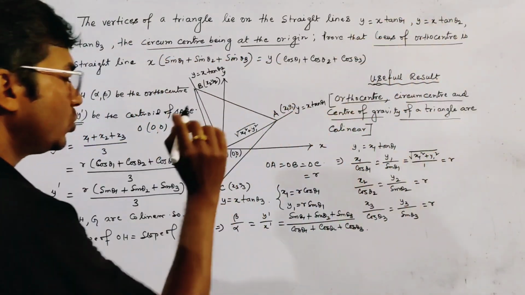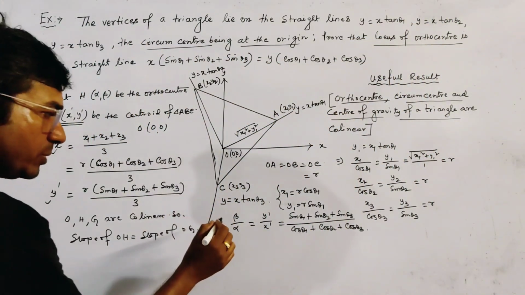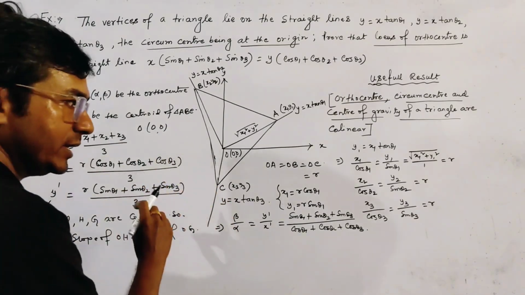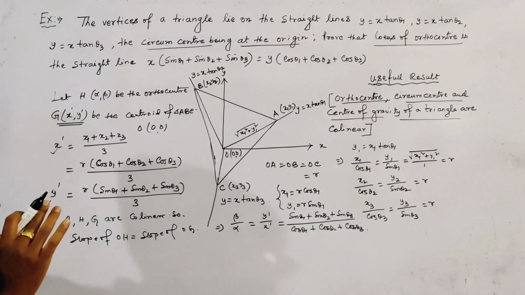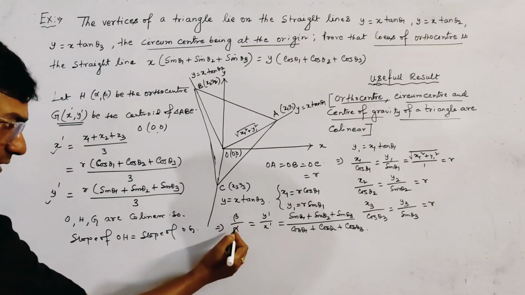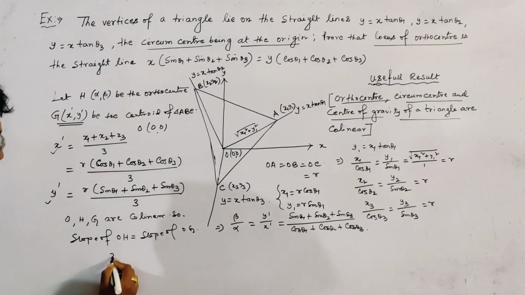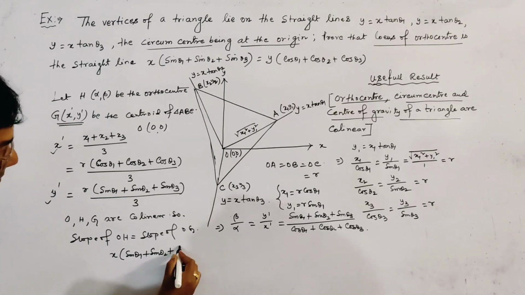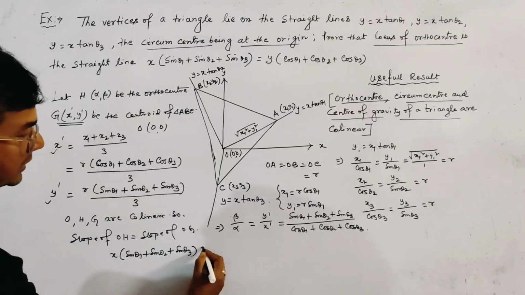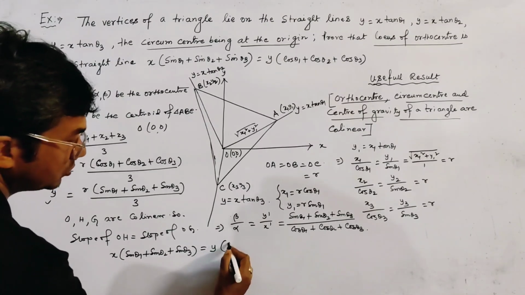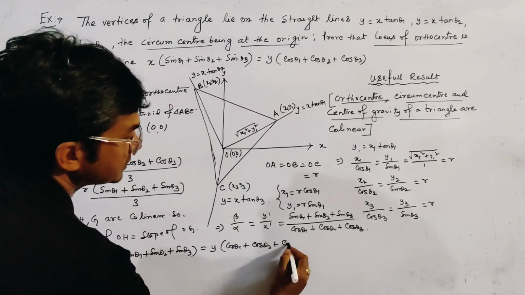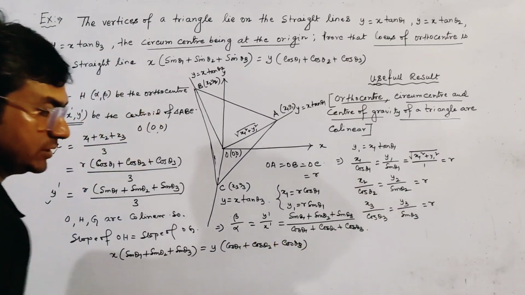So in place of alpha we put x, and in place of beta we put y, getting the locus of the orthocenter: x into (sin theta 1 plus sin theta 2 plus sin theta 3) is equal to y into (cos theta 1 plus cos theta 2 plus cos theta 3).